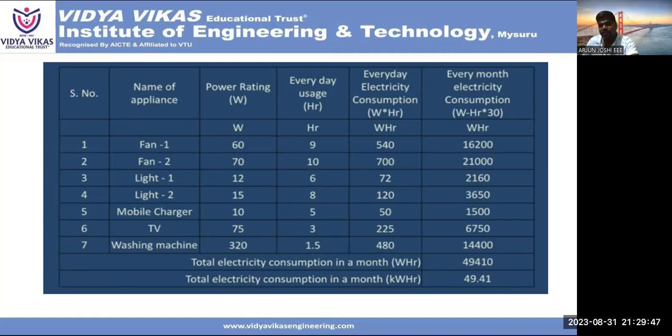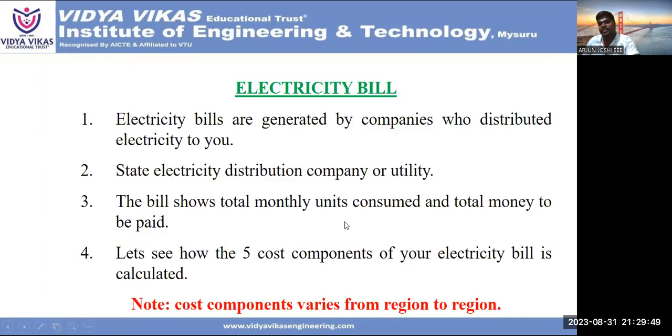Now let's understand about the electricity bill. Who generates the electricity bill? Distribution companies. For example, in our Karnataka, there are 5 distribution companies. What are those 5 distribution companies?